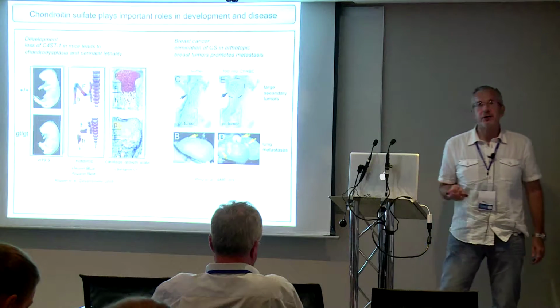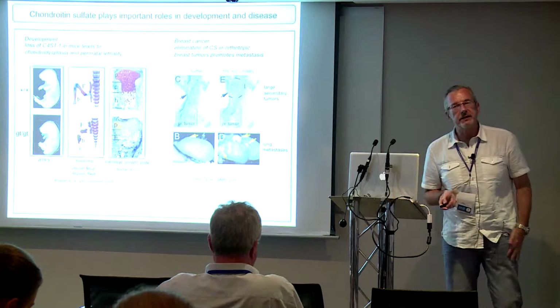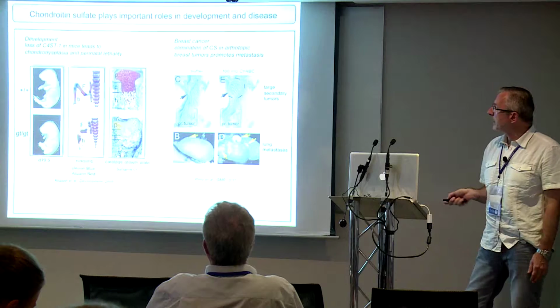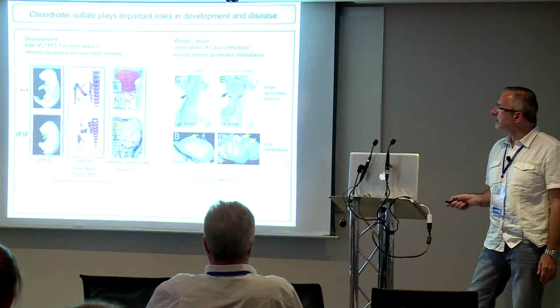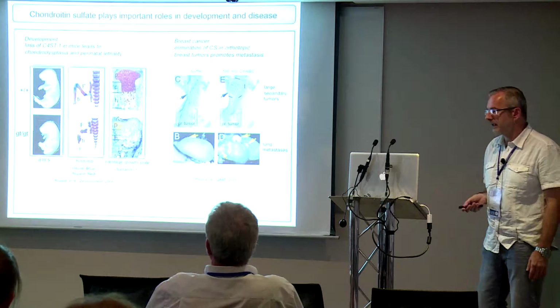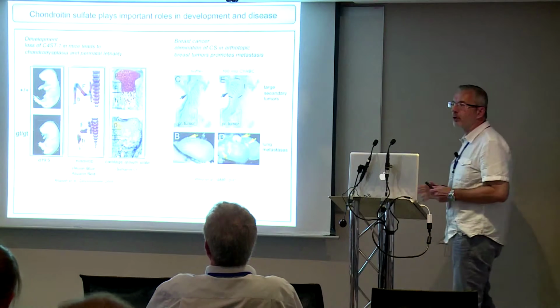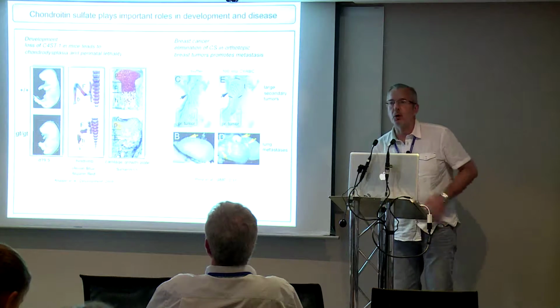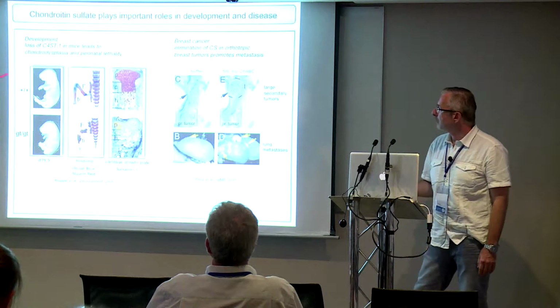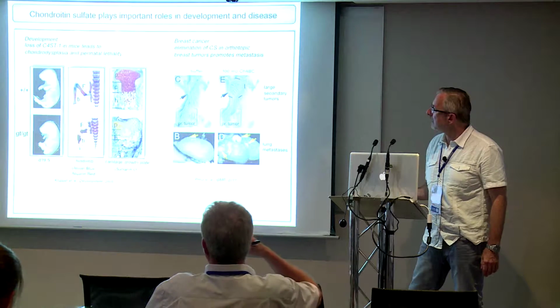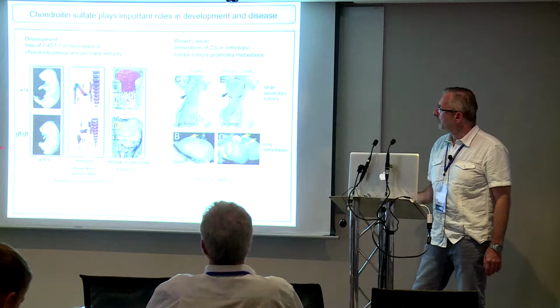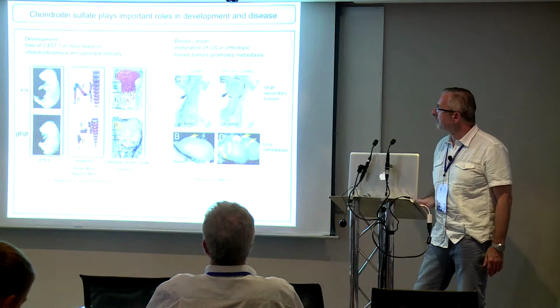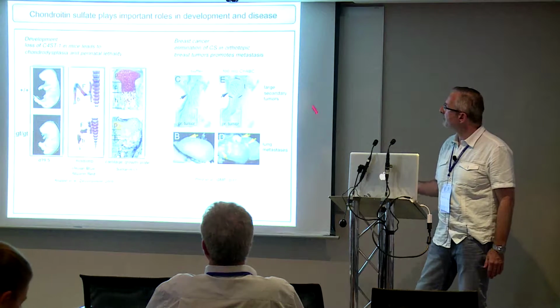Are chondroitin sulfates of any interest in development and disease? We believe yes, and it has been shown before that if you knock out a chondroitin sulfotransferase that is important for adding sulfate to the C4 position, you get a perinatal lethality with very severe chondrocyte defects, skeletal abnormalities.